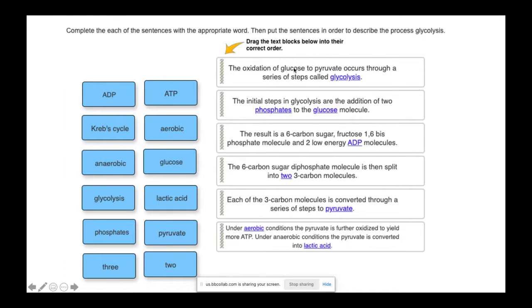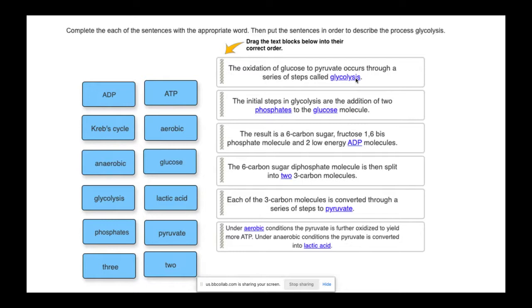Okay, so the oxidation of glucose to pyruvate occurs through a series of steps called glycolysis. So glucose is like a six-sided sugar. And when you take that six-sided sugar and you split it in half, you get 2 3-carbon sugars.